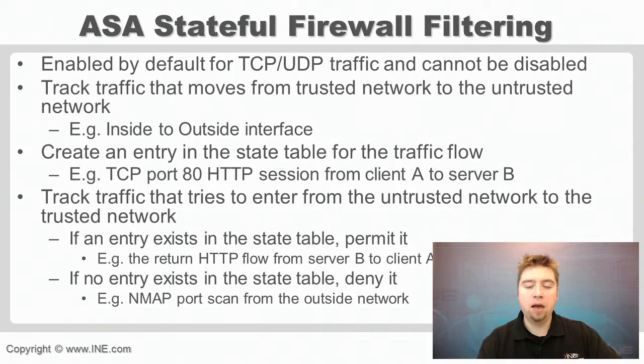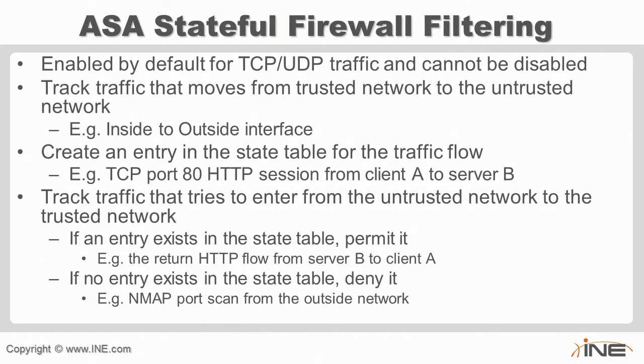Was it because of an ACL? Was it because of the NAT process? Was it because of inspection? Something like that. So it's basically like a synthetic packet generation that we can use to debug the traffic flow as if it was going through the ASA. So very useful troubleshooting tool we'll see there.